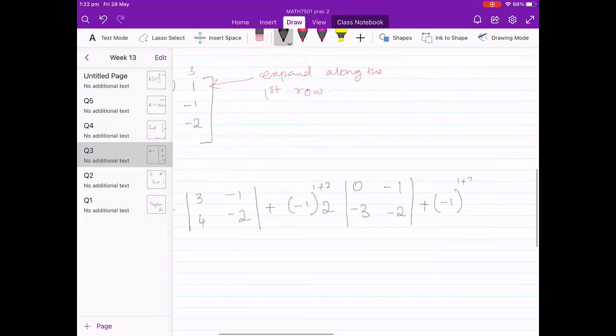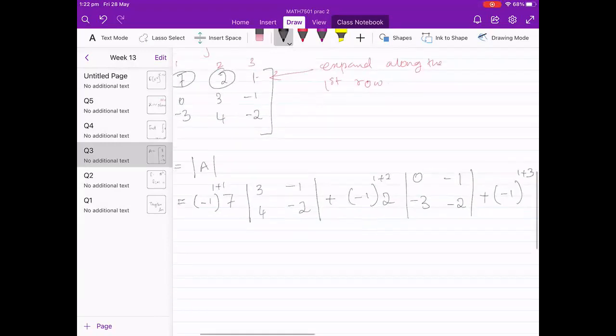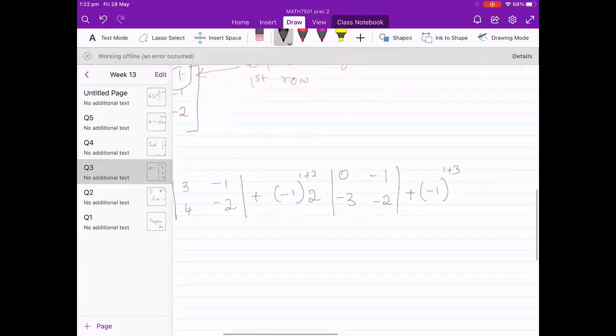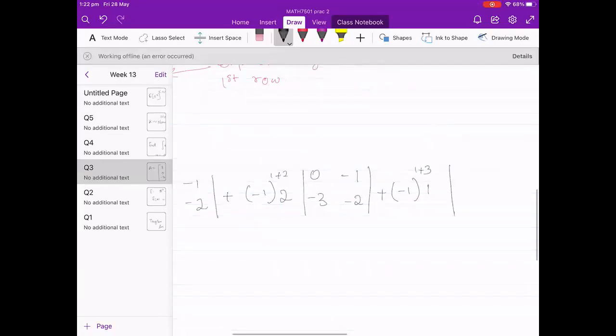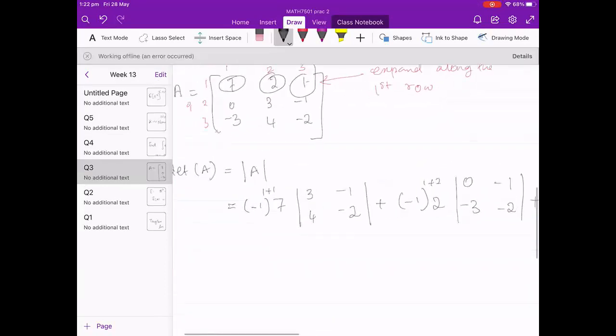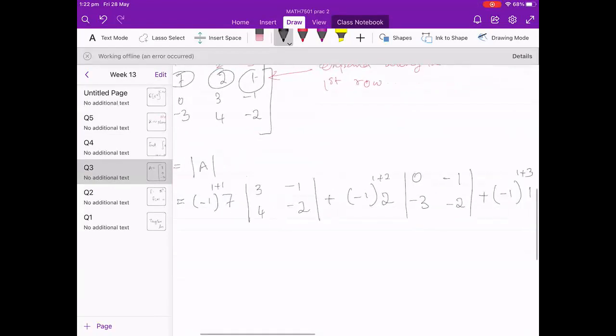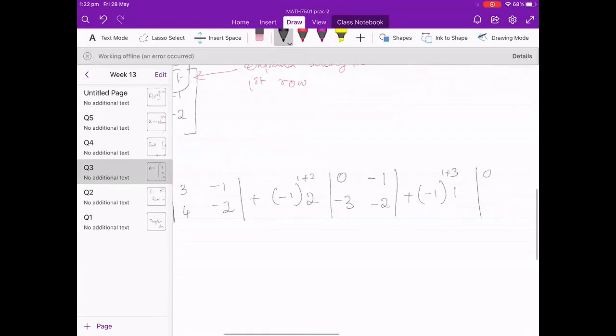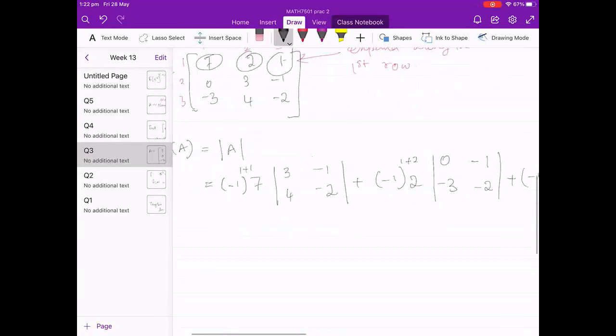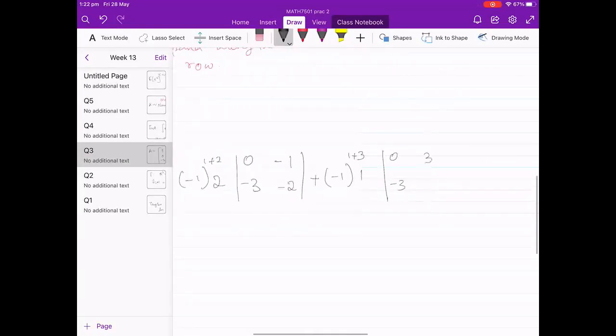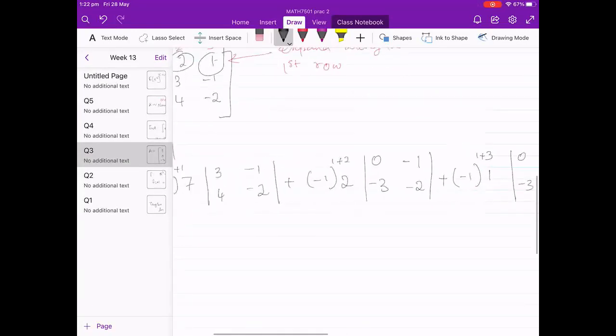First row, third column, the value is 1. Determinant of, ignore the first row, third column. What's remaining is 0, minus 3, 3, 4.